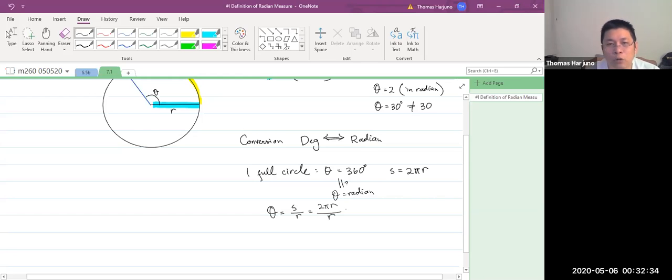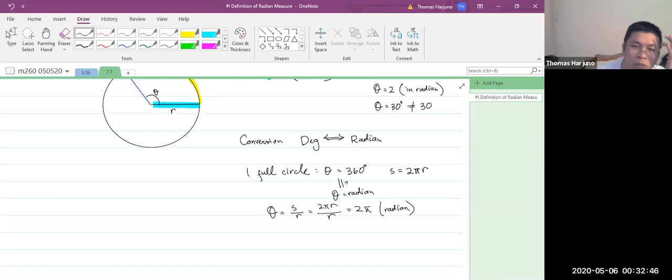That's how we get that 2 pi. So the central angle 360 degrees, which is one full circle, is equivalent to 2 pi radian.